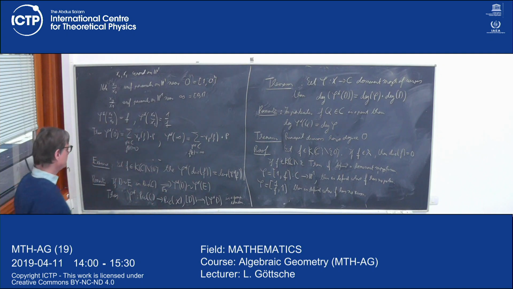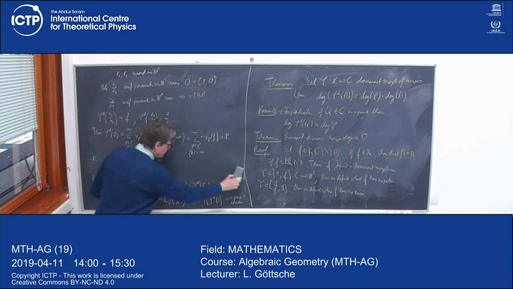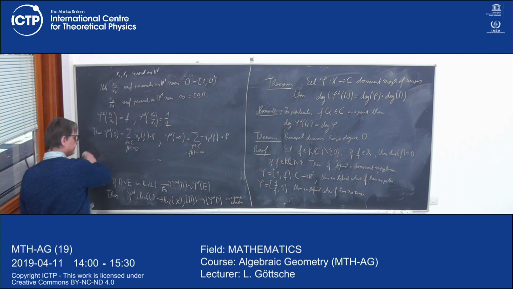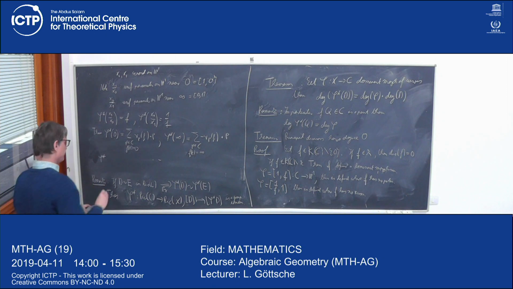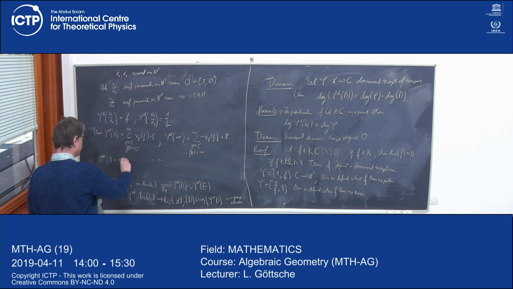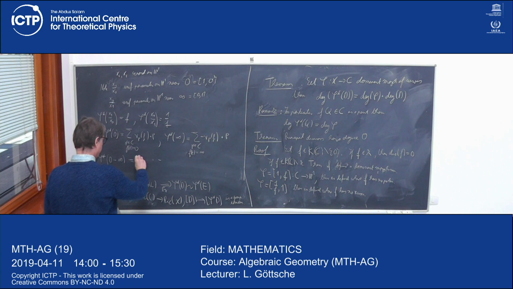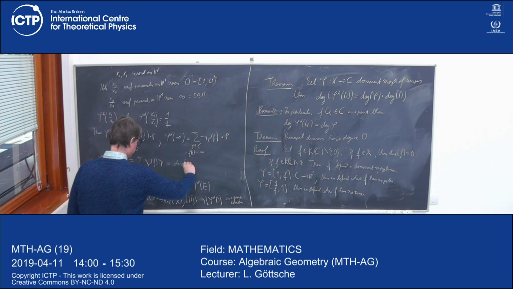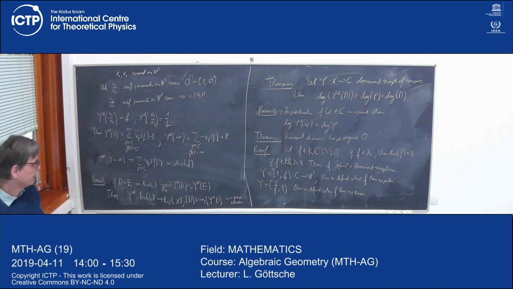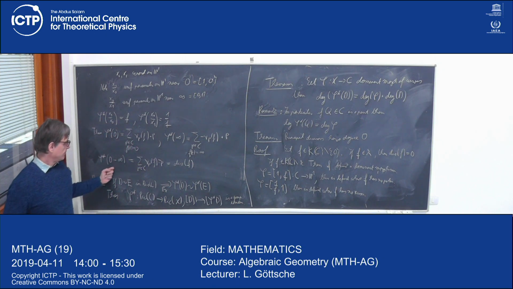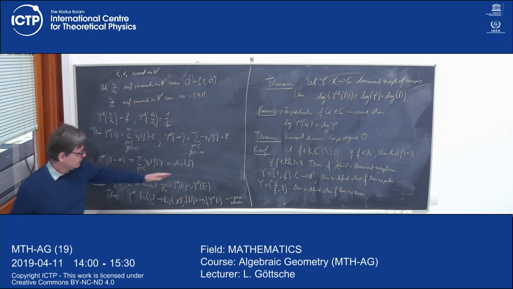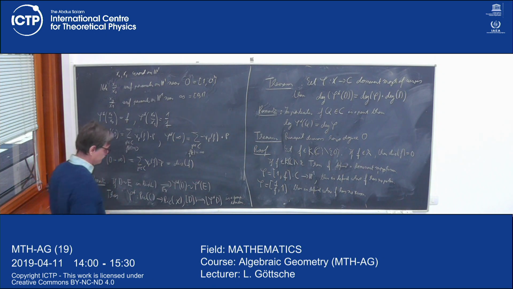And so we see that if we take the pullback of 0 minus infinity, this is equal to the sum over p in C, mu p of f times p, equal to the divisor of f. And so this is a divisor of degree 0.